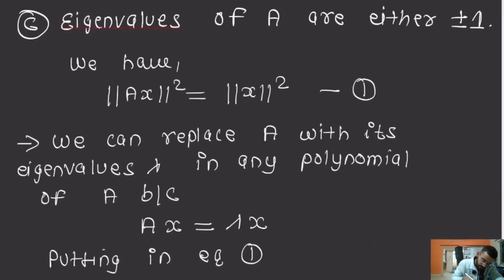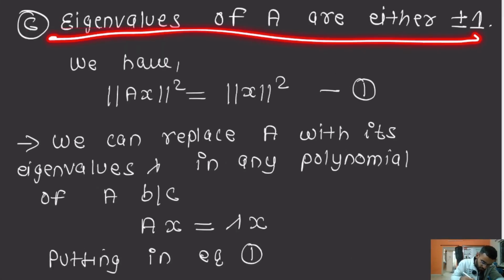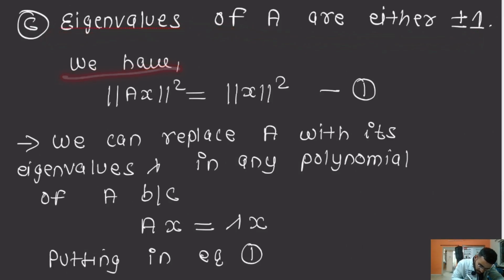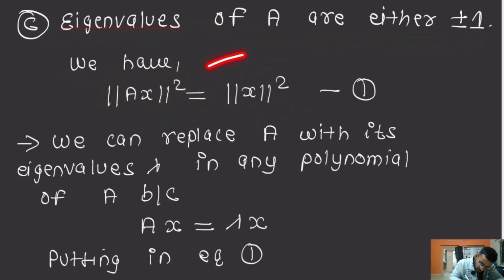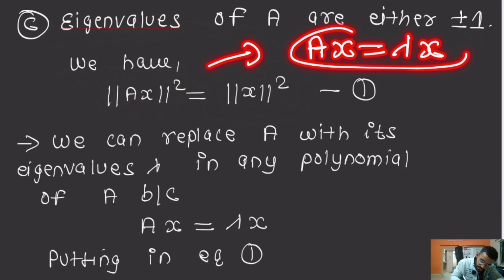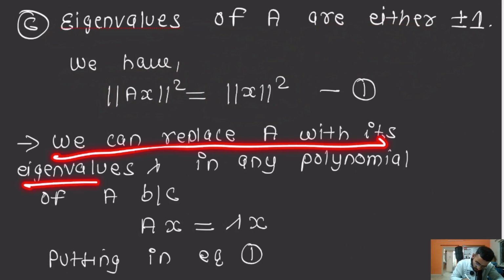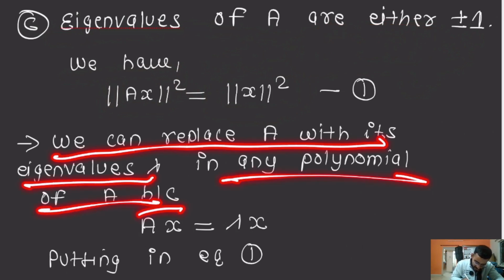Third is, the eigenvalues of A are either plus or minus 1. So let's see, we need to find the eigenvalues of A. We have norm of Ax squared equal to norm of x squared, and we can replace matrix A with its eigenvalue lambda in any polynomial of A, because Ax is equal to lambda x.